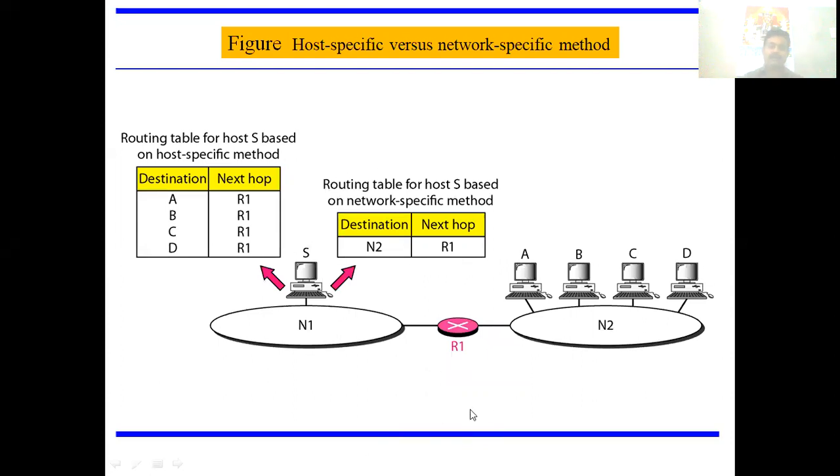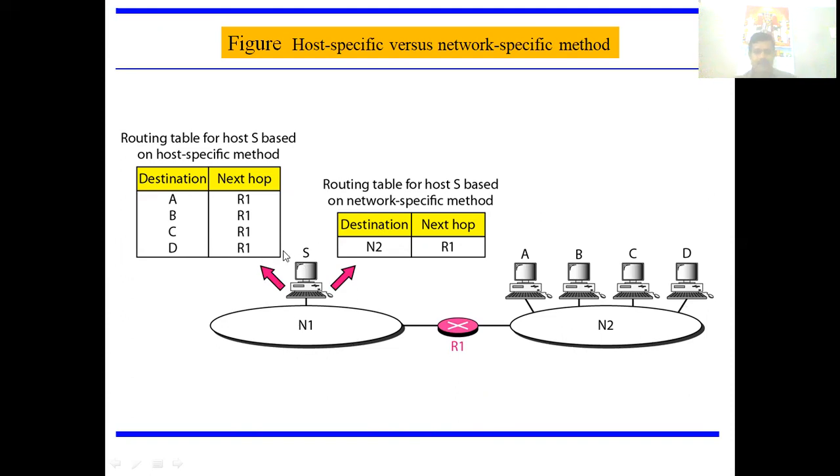So here you have a source S, and it is connected to the network N1, and you have one router R1, and four devices A, B, C, D connected to network N2.